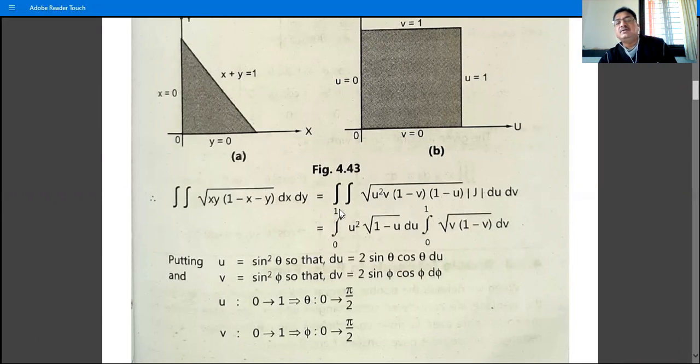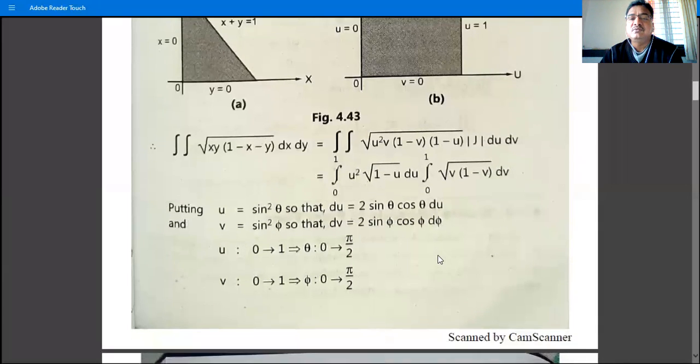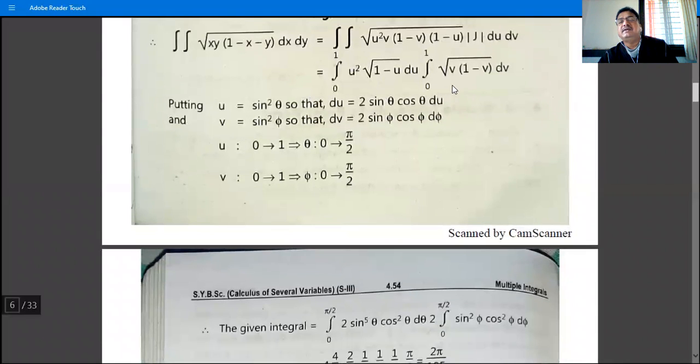So the limit on u is constant, and the limit on v is also constant. So we can integrate with respect to u first or with respect to v first. Here the integrals separate, so we integrate the u part first and then the v part.